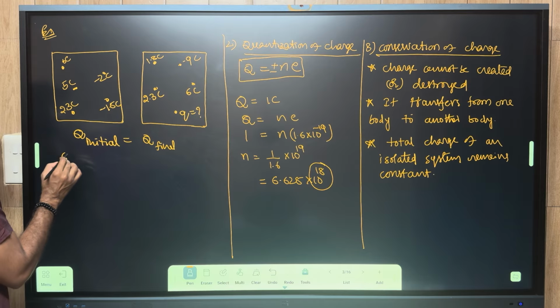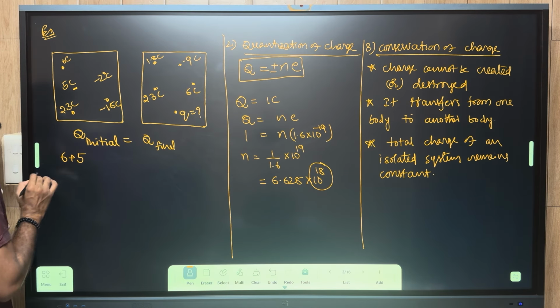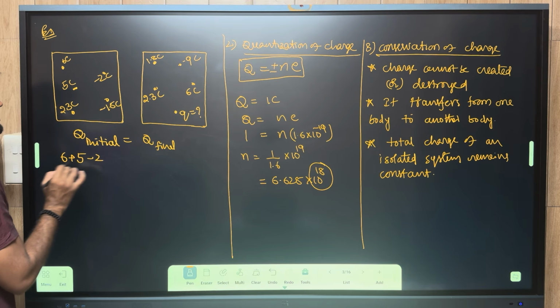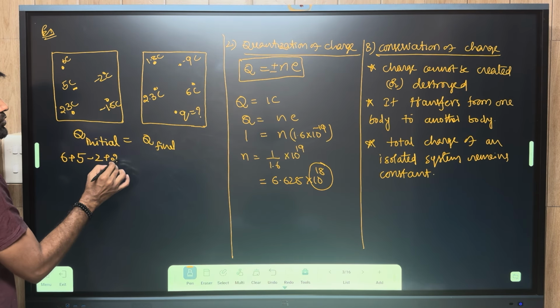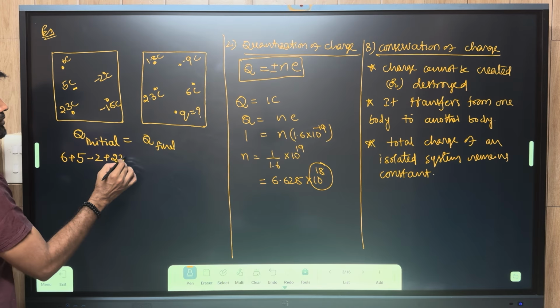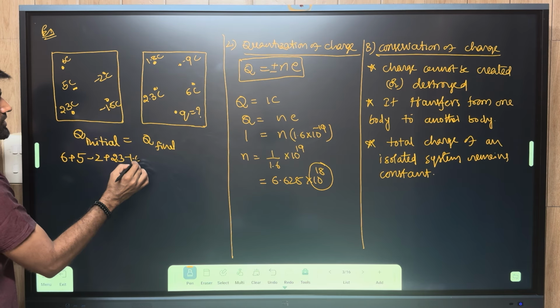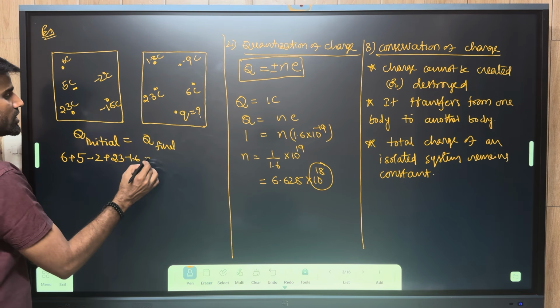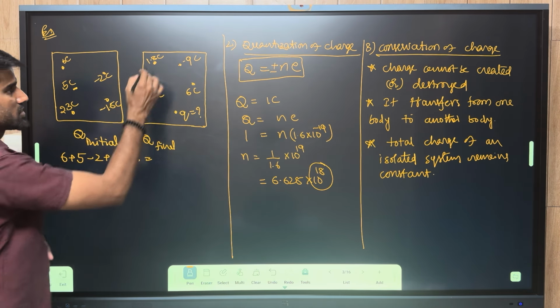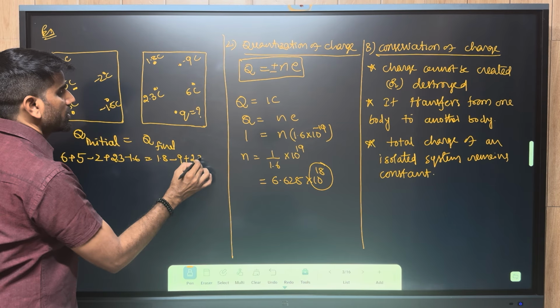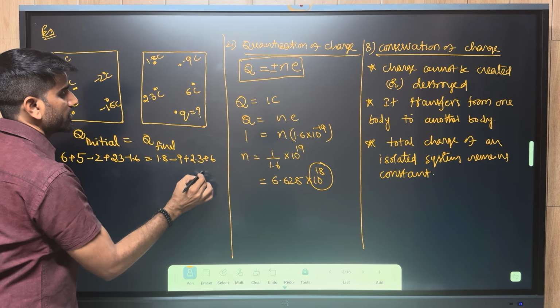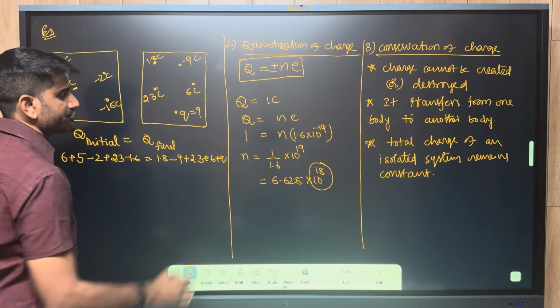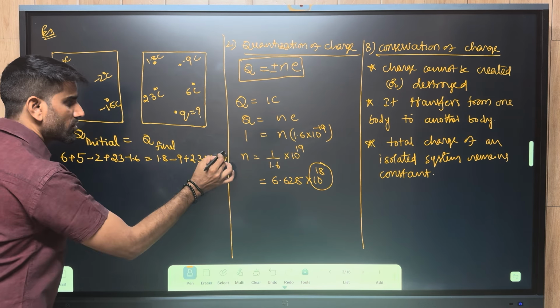So I'm going to write them directly: 6 coulombs plus 5 coulombs minus 2 coulombs plus 2.3 coulombs minus 1.6 coulombs is equal to whatever charges are here: 1.8 minus 9 plus 2.3 and 6 plus Q. We need to find this Q value.